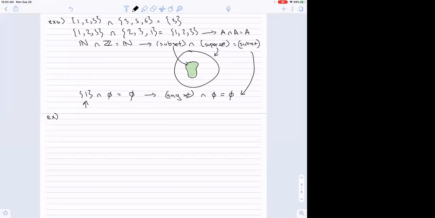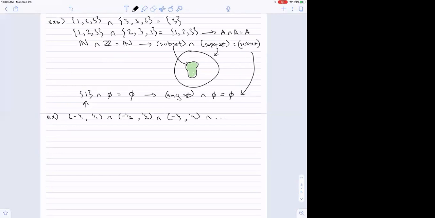Okay, now let's do an example similar to the one we did before, but it's going to look a little bit different. So let's say that we took the intersection of the interval (-1/1, 1/1), and then we intersect it with (-1/2, 1/2), and then the interval from -1/3 to 1/3, and so on and so forth.